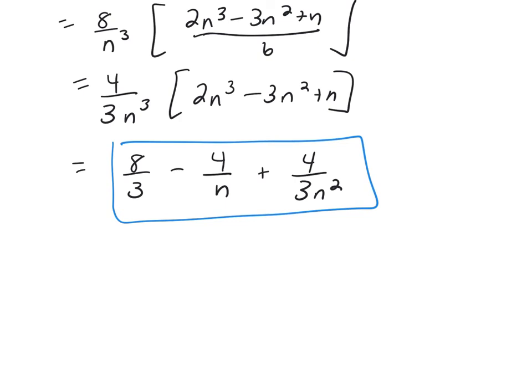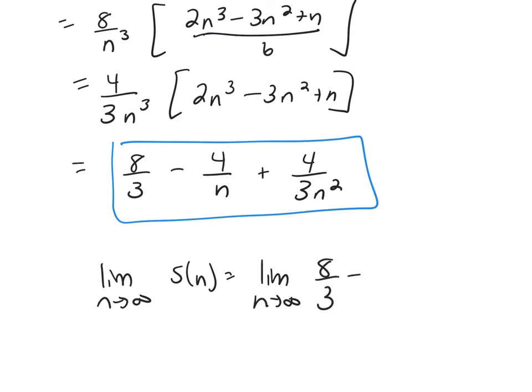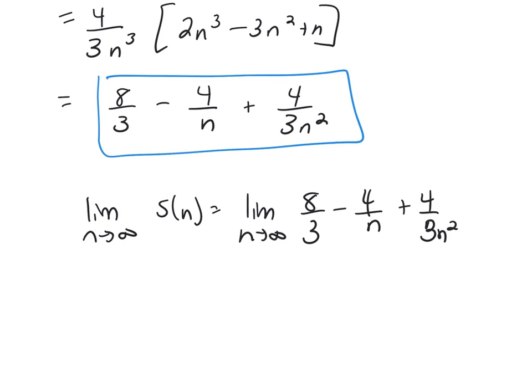Now, one thing I do want to mention is what happens when we take the limit of this lower sum. So if I'm looking at the limit as n goes to infinity of S_n, as I take more and more rectangles, remember it gives me a better and better approximation for my area.